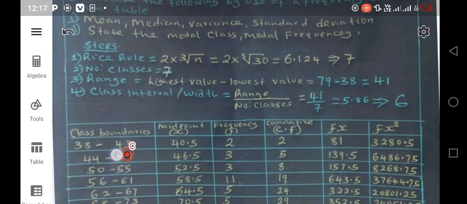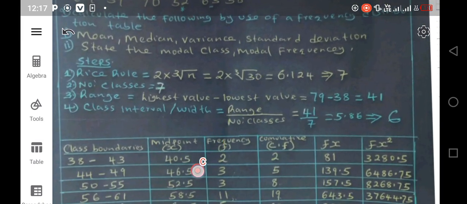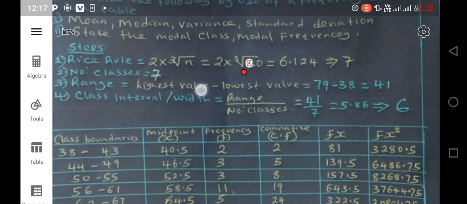Whenever you go to 44 to 49, come up to our data there. 44 to 49, we're going to have 1, 46, 2, 48, 3, 49. You come down and write 3. So now what have you realized?